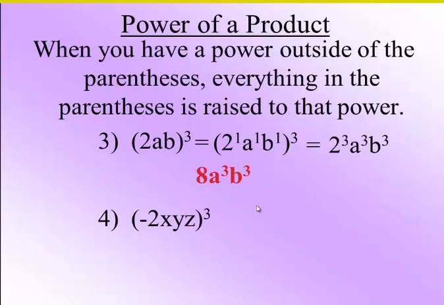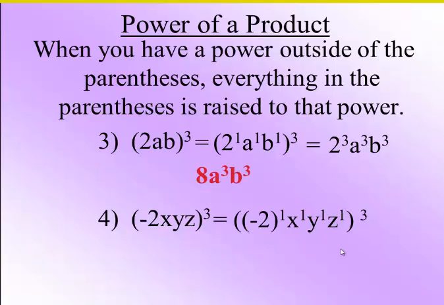For the next example, again, first step is to write the exponent of each factor. In this case, I have 4 factors. I have negative 2 times x times y times z. So writing the exponent of each factor, I will have the negative 2 raised to 1, x raised to 1, y raised to 1, and z raised to 1.